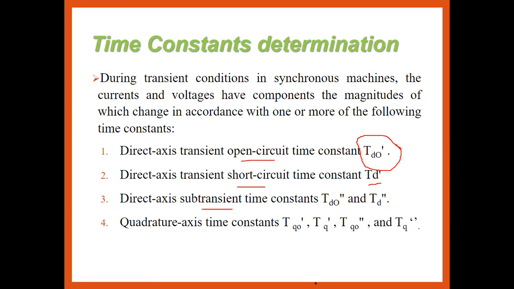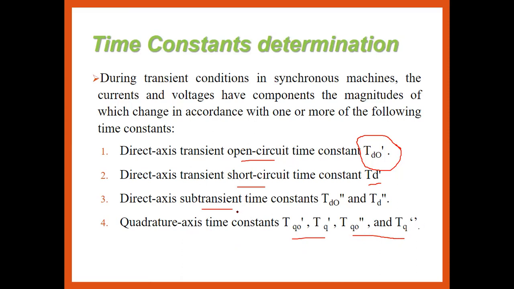Okay, and then there are the quadrature axis time constants. For the quadrature axis, there will be two for open circuit, and the second is the quadrature axis subtransient. The quadrature axis transient open circuit time constant is TQ0 dash and TQ dash, and TQ0 double dash and TQ double dash.